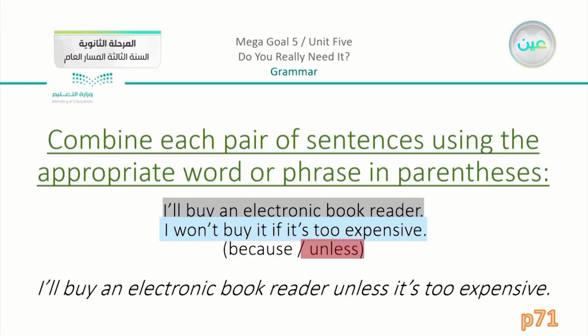We are going to link them together using an adverb or a conjunction. We have an adverb clause actually. They have some choices in the book. The suitable choice is going to be unless, and then they join the 2 sentences together: I'll buy an electronic book reader unless it's too expensive. This is already done in the book.